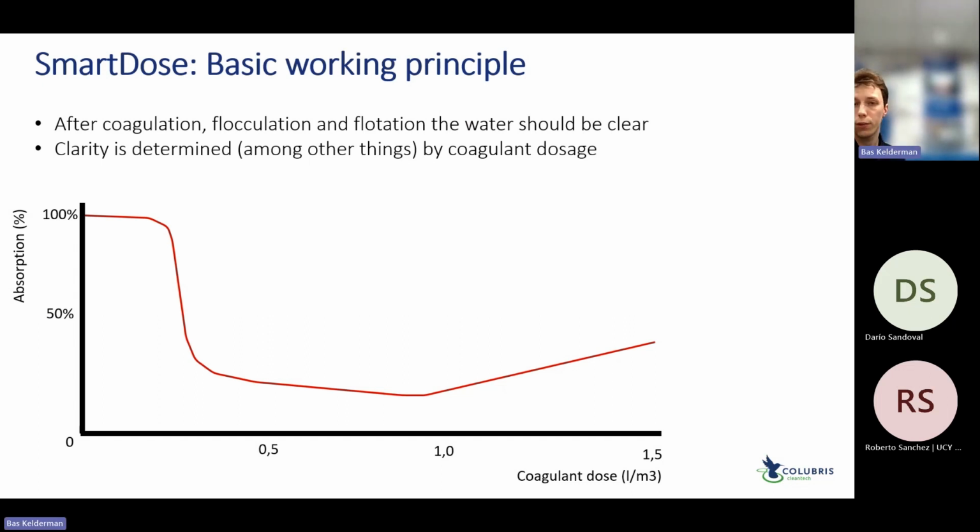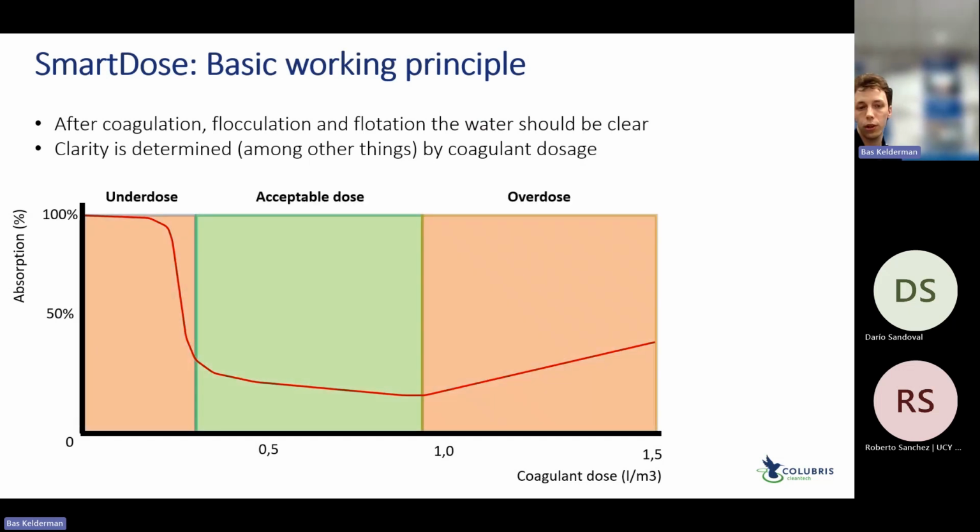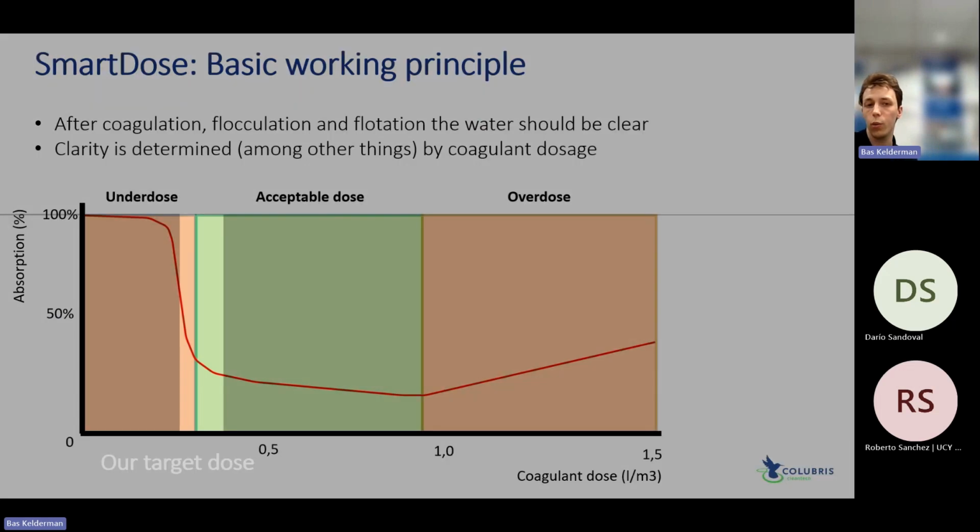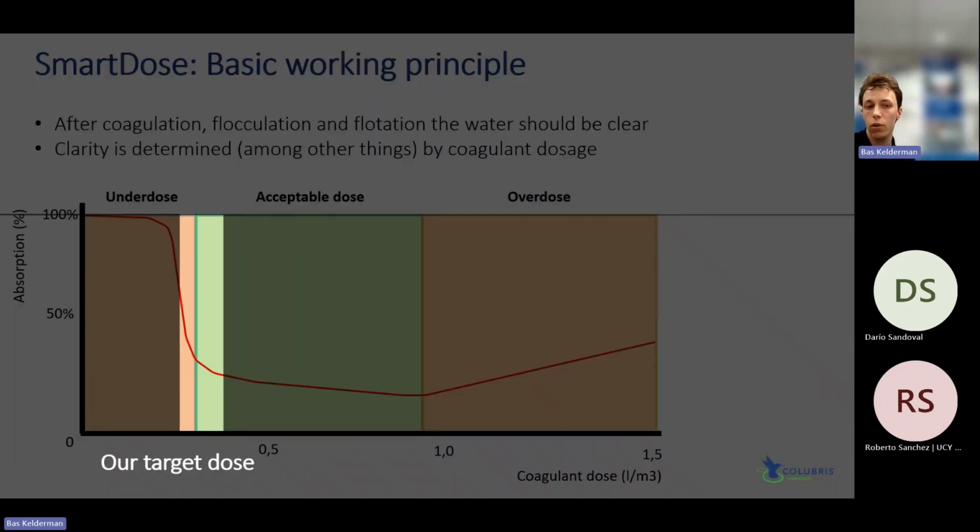After that, there's finally some point where I will have so much coagulant in my water that I'll start measuring extra absorption again, because I'm just measuring the coagulant. We'd rather not be in that section. So this point here in the middle is the acceptable dose that we would want to have. And from an economic perspective, it's most interesting to be somewhere near the left side of that.